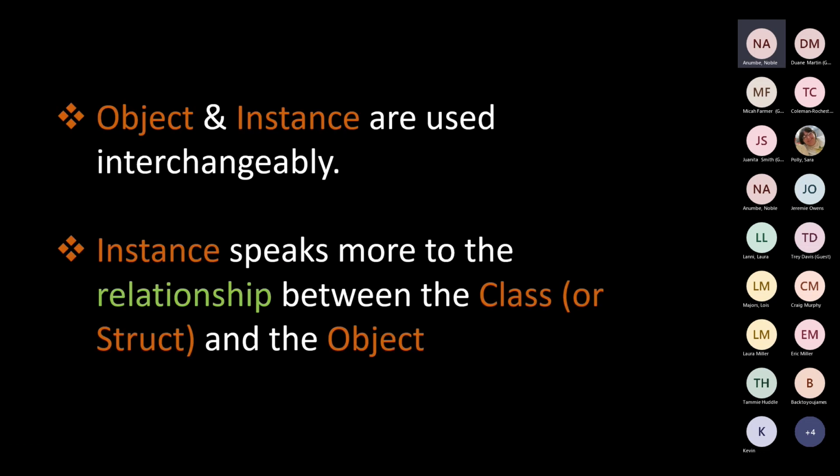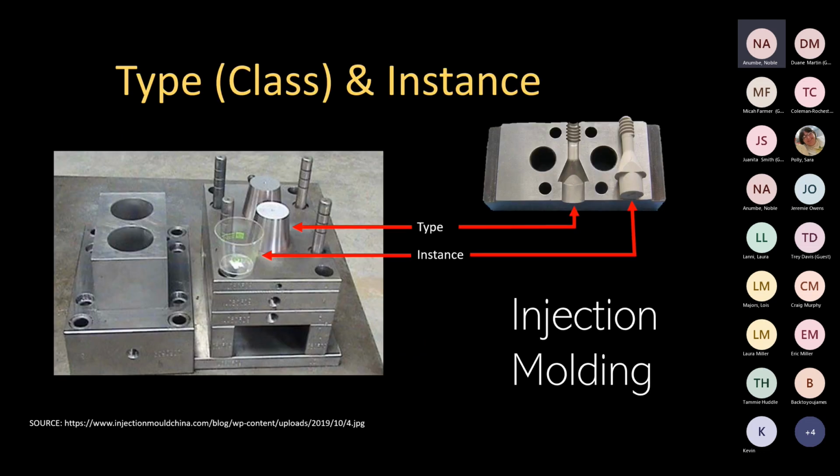So this is what I mentioned about objects and instances. They can actually be used interchangeably, but instance speaks more to the relationship between the class or structure and the object. In creating a lot of things, sometimes people create models. You create that one model, and with that model, you can create different instances.